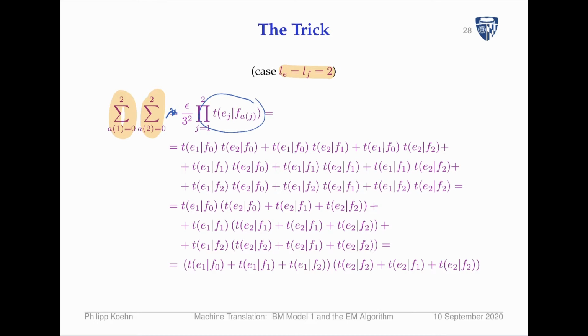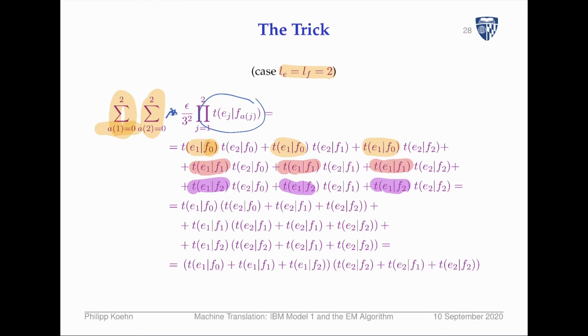This is the row here where first a of 1 equals 0, so the English word is explained by the foreign word 0. This is here, this is here, this is here. This is the first row. In the second row, the English word is explained by the foreign word 1, and the row after that is where the English word is explained by the foreign word number 2.